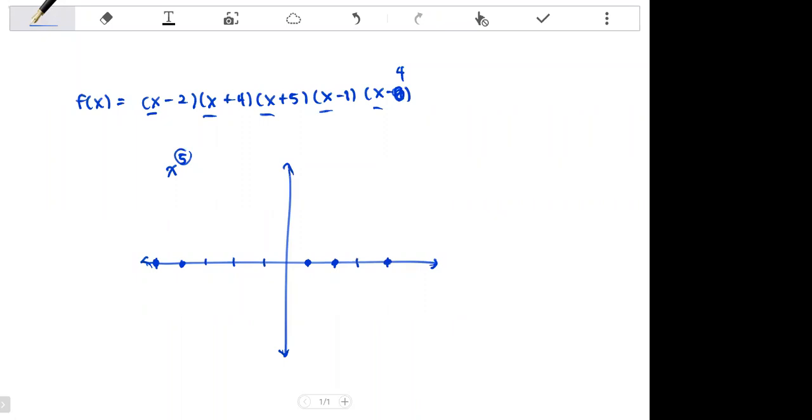So we know the graph has to pass through all of these points, and we also know it's going to go positive forever and negative forever. So we just connect the dots.